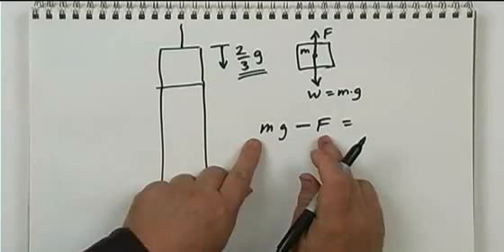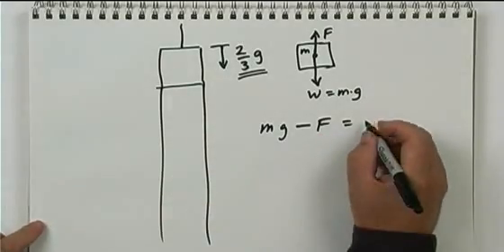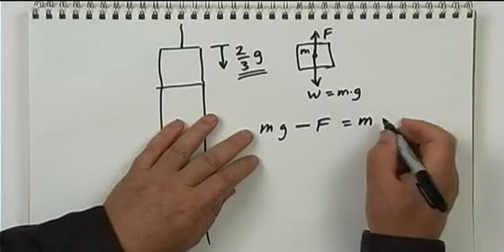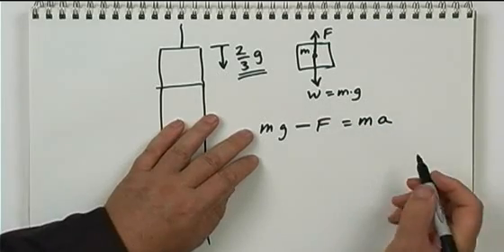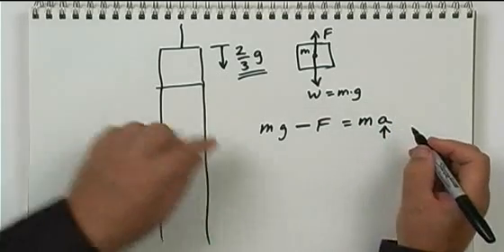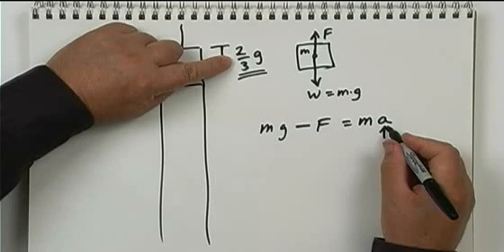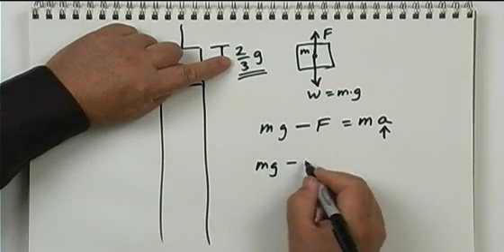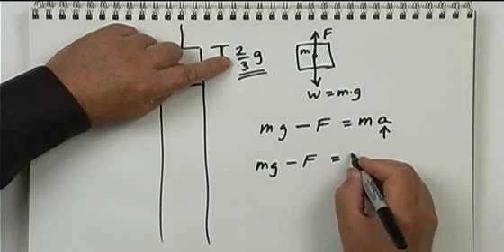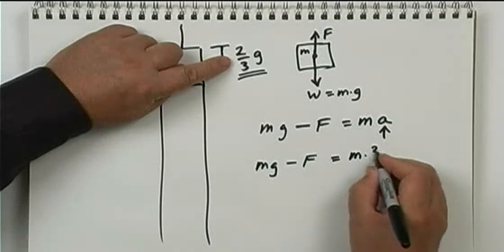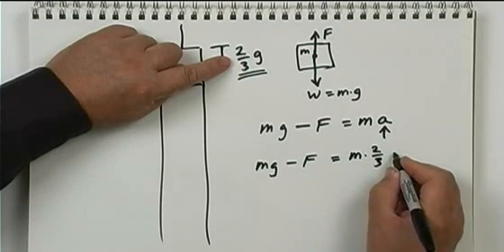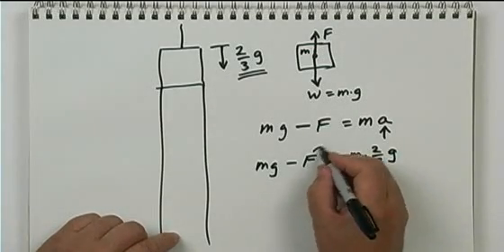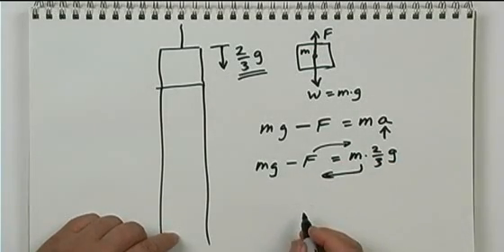Okay, this is the net force, and this is Newton's second law, which says the net force is equal to the mass times its acceleration. But we know what the acceleration is. It's 2/3 the acceleration of gravity. So let's rewrite this: mg minus F is equal to m times 2/3 of g. Now, if I do a little algebra, I'm going to move the force over there and this term over here.